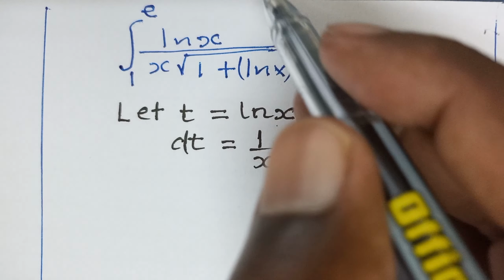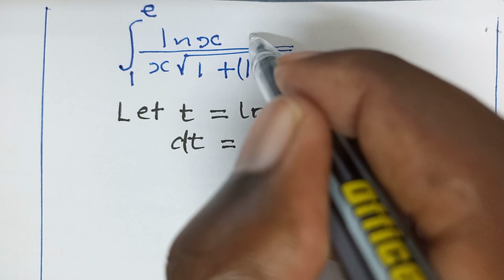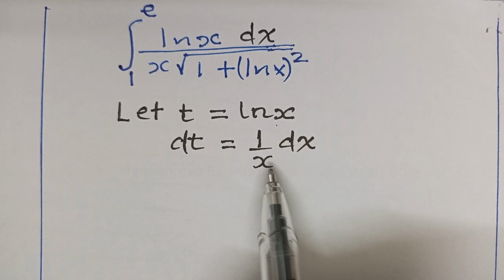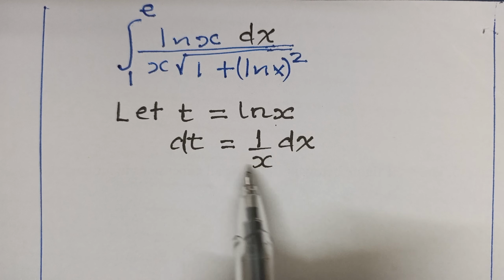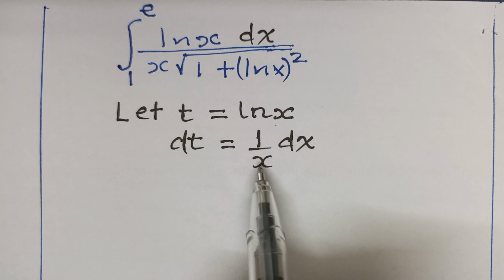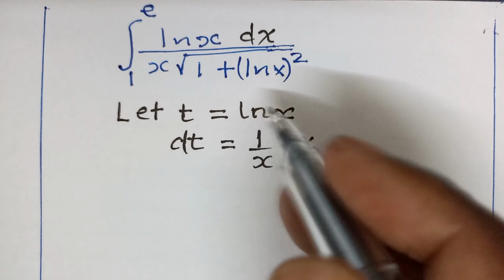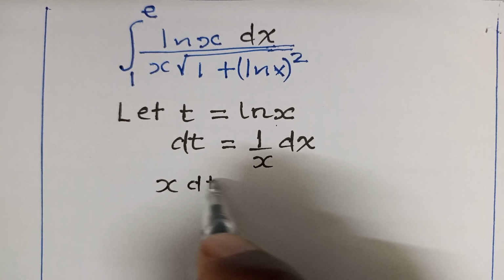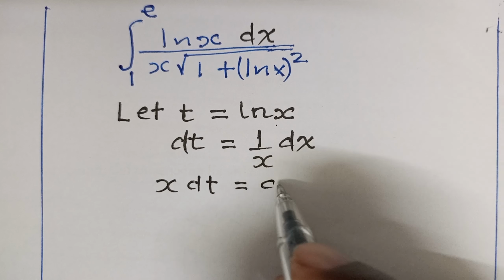Of course, guys, we had a dx here, so I have put it. And then, guys, from there, I can now bring this x this side, so that we have x dt is equal to dx.